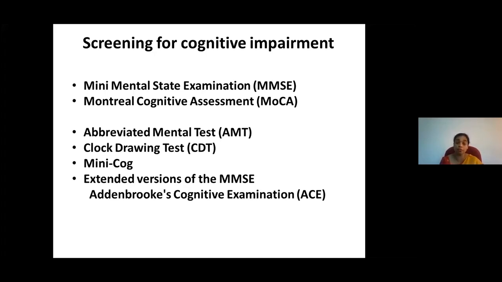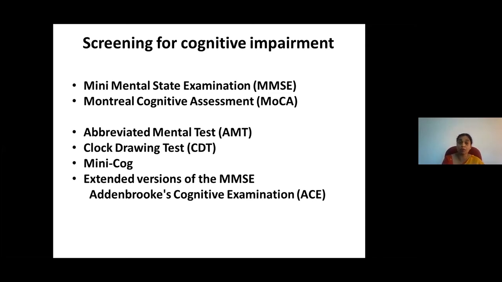Then the Abbreviated Mental Test, AMT, is a rather simple test which we use in acute medical take to assess delirium, the acute confusional status of elderly people who have a fluctuating course of their confusion. Then the clock drawing test.